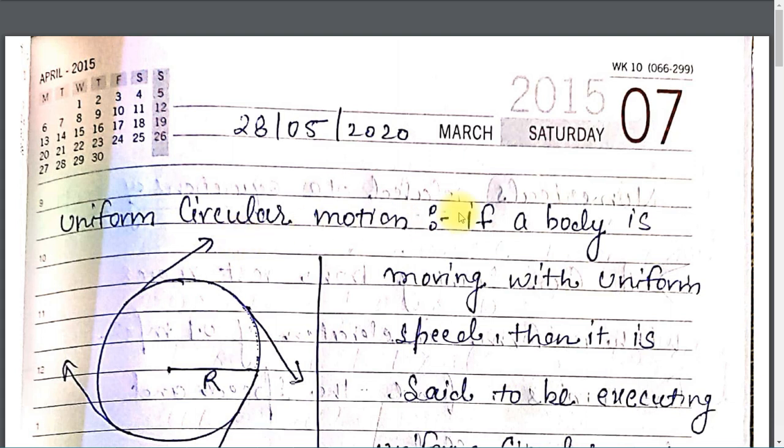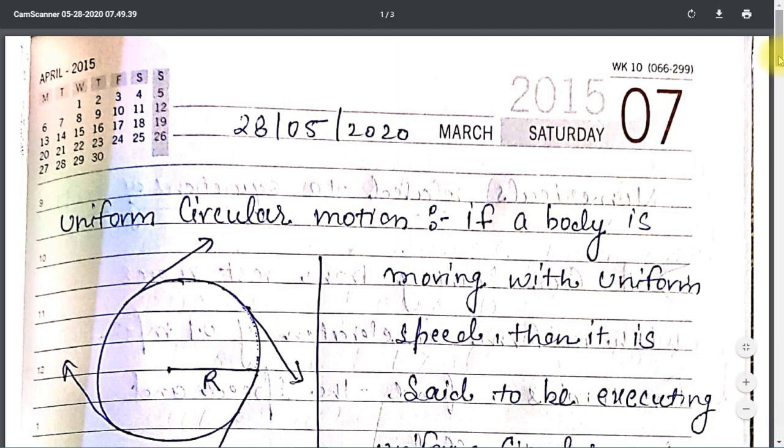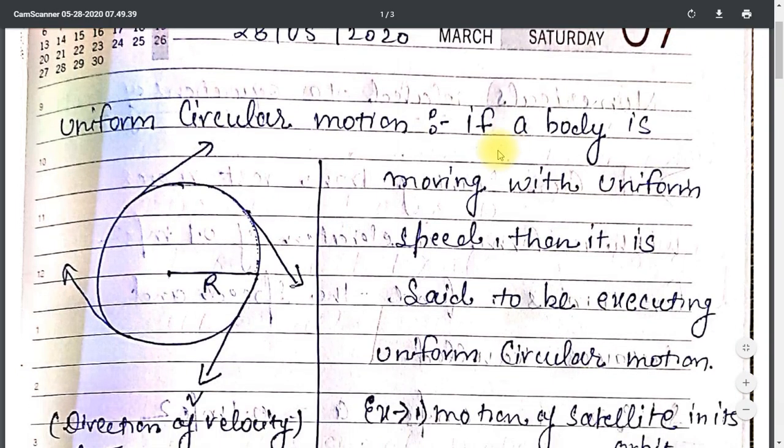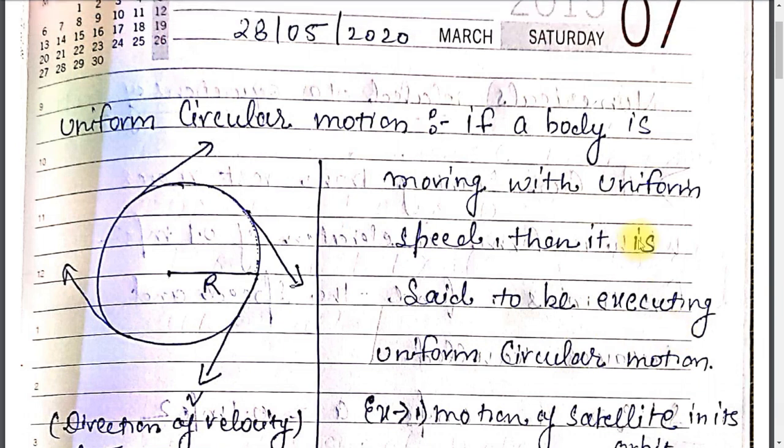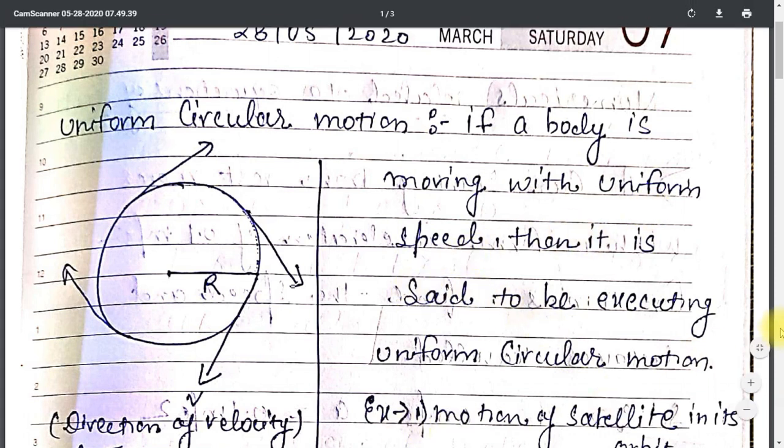That means if we define that condition as a definition, then we can say that if a body is moving with uniform speed, then it is said to be executing uniform circular motion. What is the definition? If an object is moving with uniform speed, then it is said to be executing uniform circular motion.